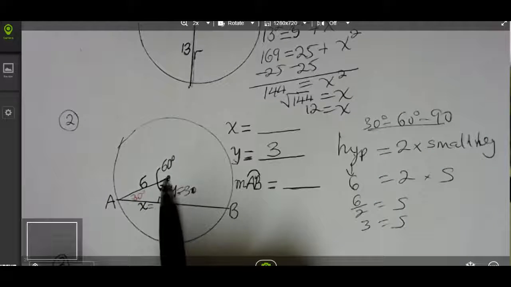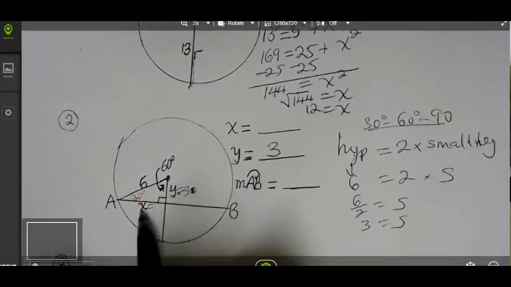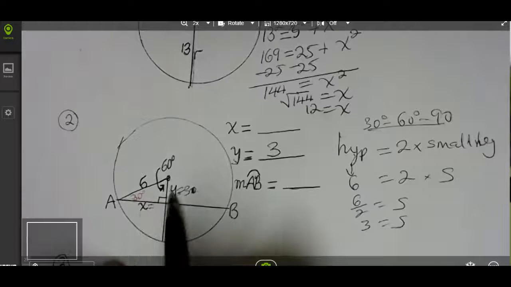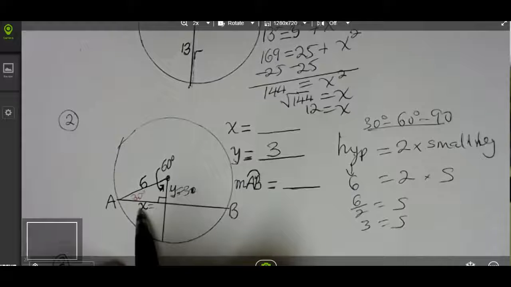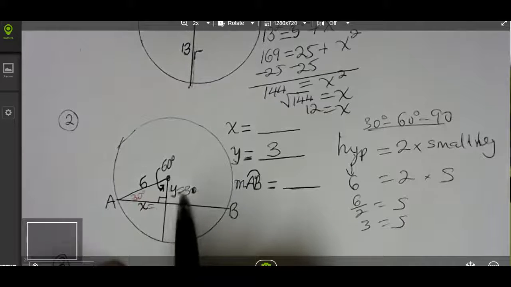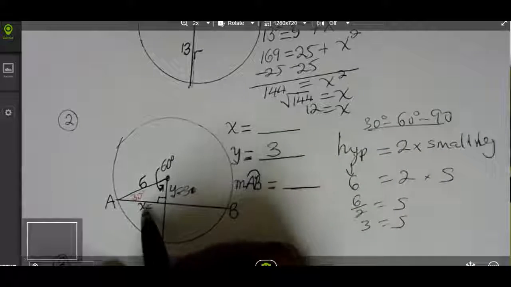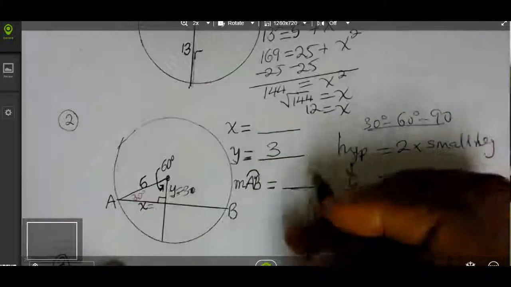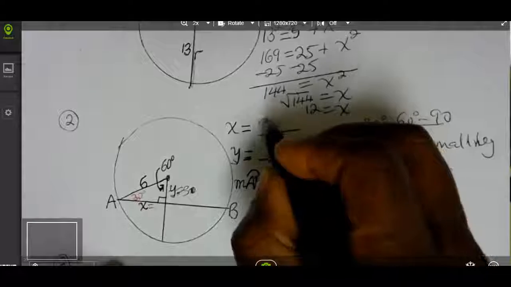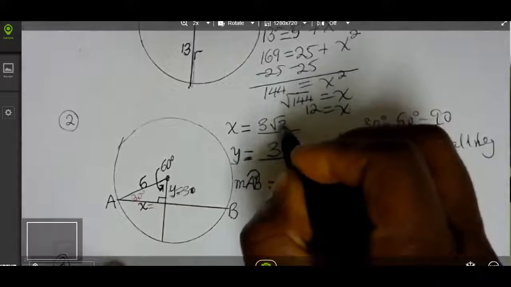X is opposite the larger angle, so it's going to be the longer leg. So what is the longer leg? The longer leg is the small leg times the square root of 3. So we already found the small leg, which is 3. So it's going to be 3 times square root of 3. So x is 3 times square root of 3.